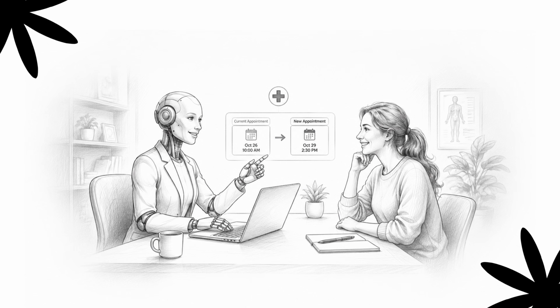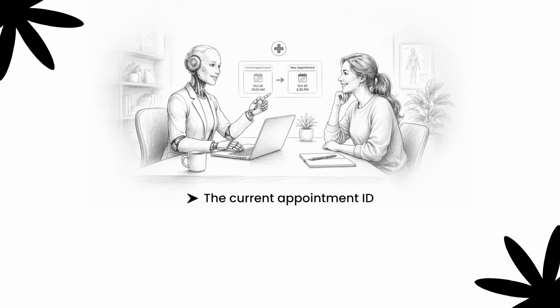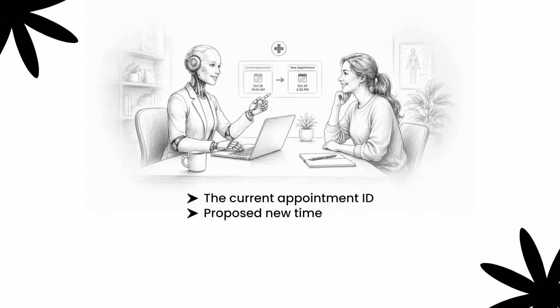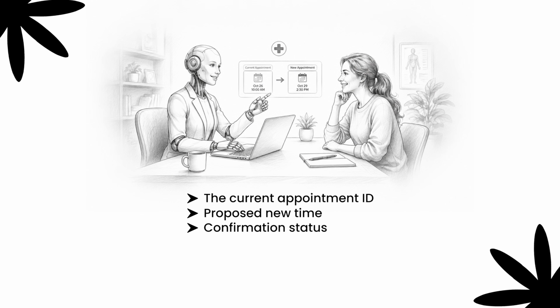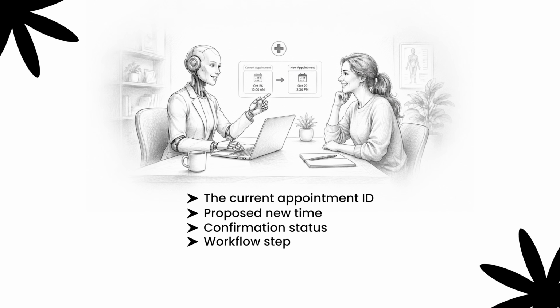And long-term archives may live in cheaper object storage like an S3 bucket. In a simple example, if an agent is helping a user reschedule a doctor's appointment, the current appointment ID, proposed new time, confirmation status, and workflow step should be stored as a structured workflow state. The user's medical history should not be casually passed through the LLM if the model only needs the appointment ID and the list of available slots.